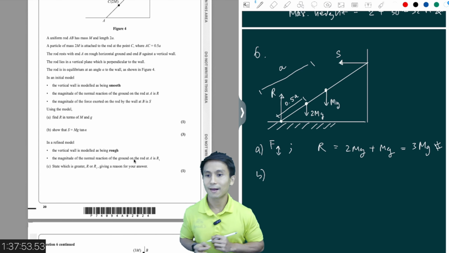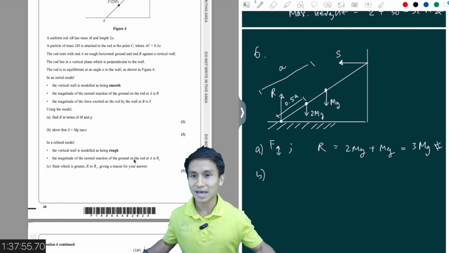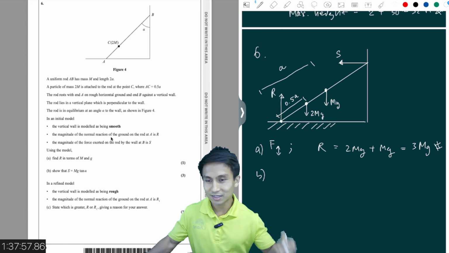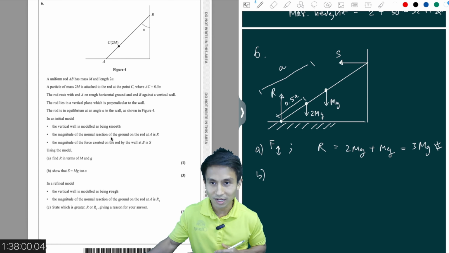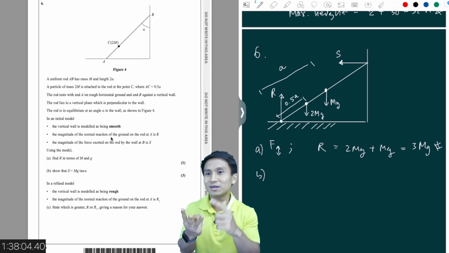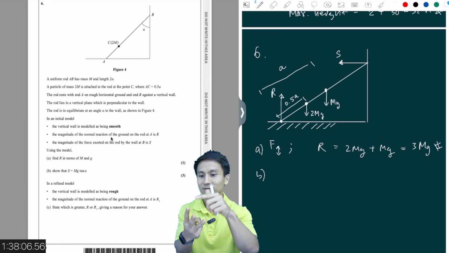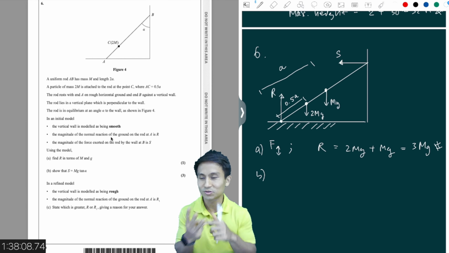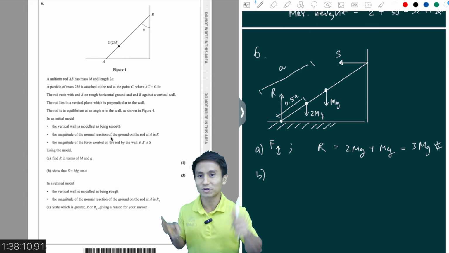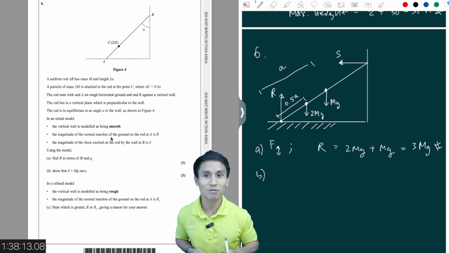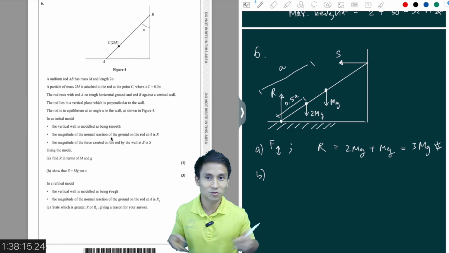For B, show that S is mg tan alpha. Now S is the reaction acting to the left. You can only consider three things separately: moment, vertical force, horizontal force. If you have used vertical force on A, then probably something else on B. So how about moments?